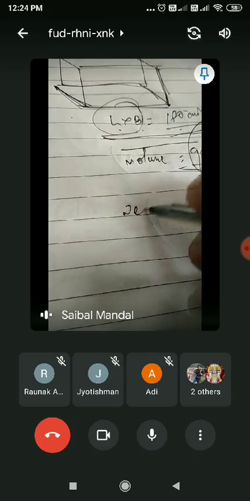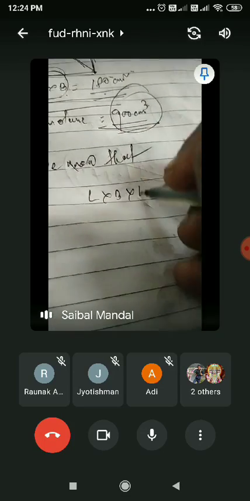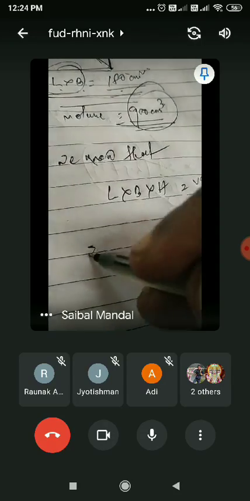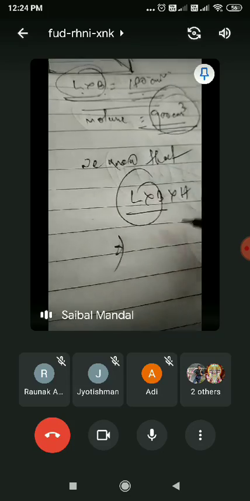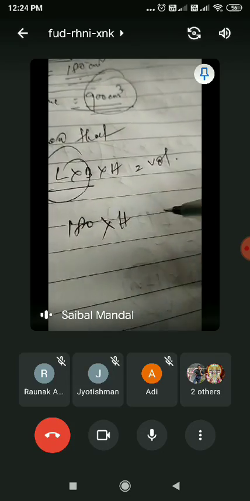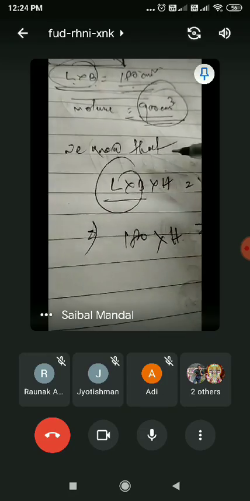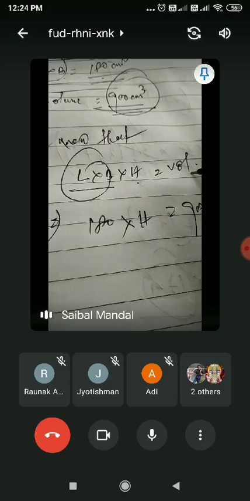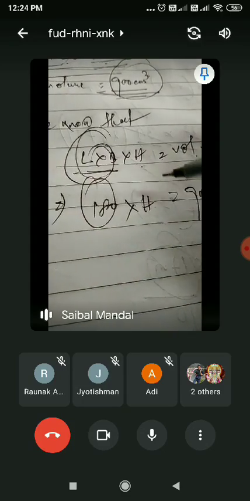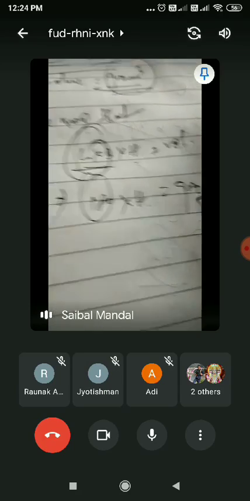We know that L into B into H is equal to volume. L into B is 180, already given in the question. H is unknown. Volume we know, that is 900.